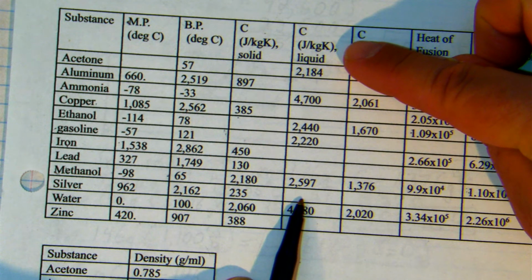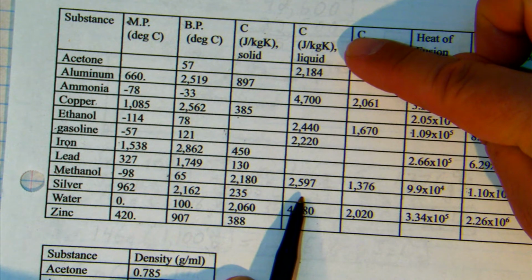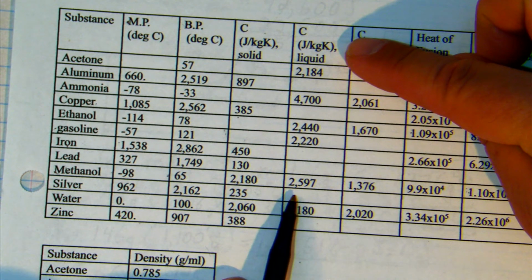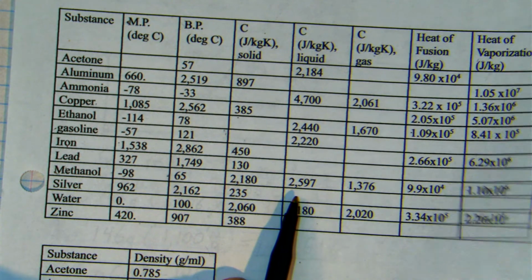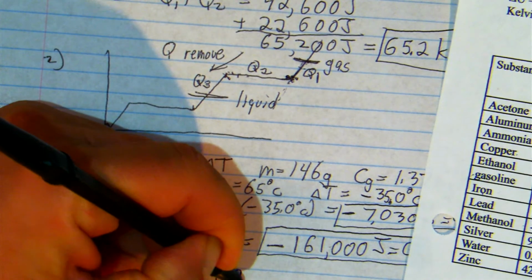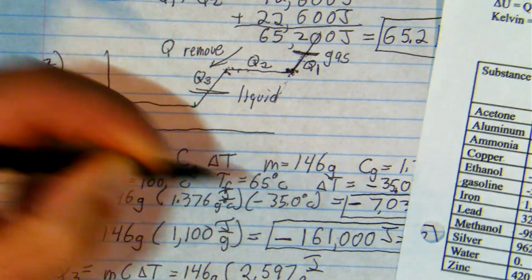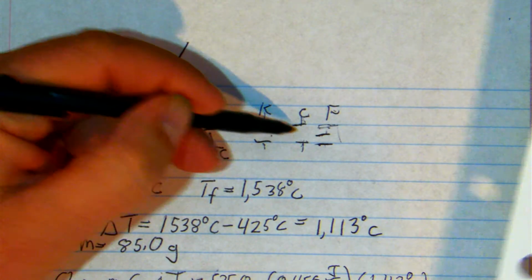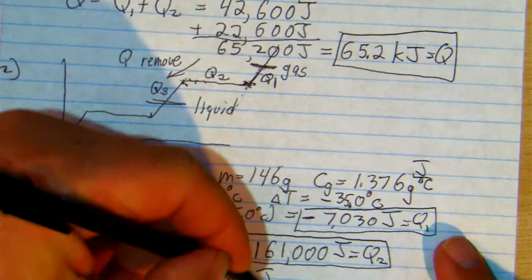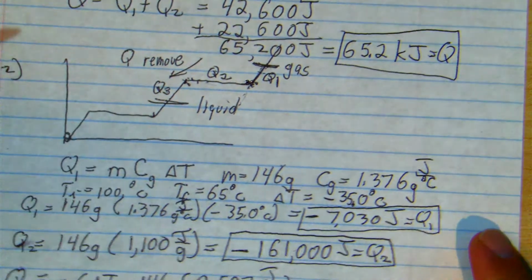Well, we're working in grams, not in kilograms. So by now, you should realize that there are 1,000 grams in a kilogram. I need to divide the displayed value by 1,000, essentially replacing the comma with a decimal point. So the value that we're going to use is 2.597 joules per gram, and a change of 1 Kelvin is equivalent to a change of 1 degree Celsius. So I'm going to write this as per degree Celsius.